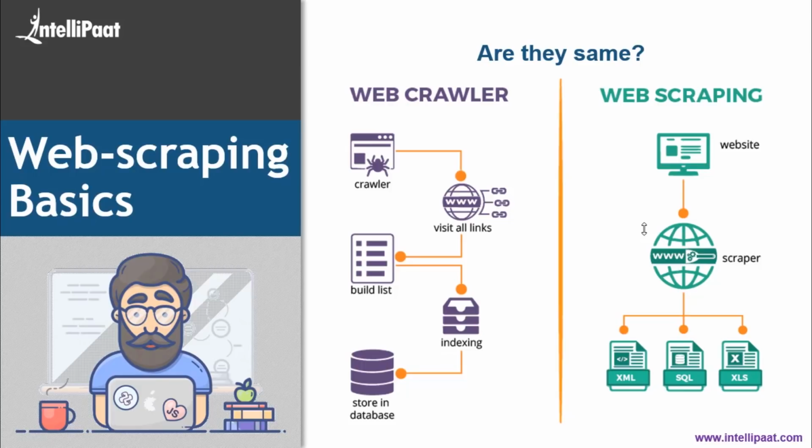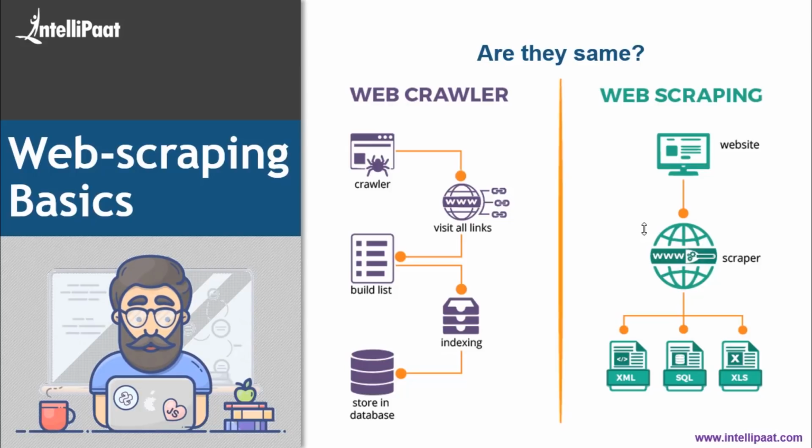Next is submitting forms with data, executing JavaScript, transforming the data into the required form and format, or even saving the extracted data into a database. These are the things a web scraper can do but a web crawler cannot. I hope you are clear with the difference.